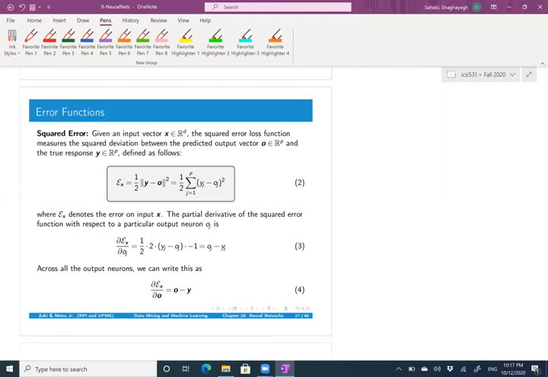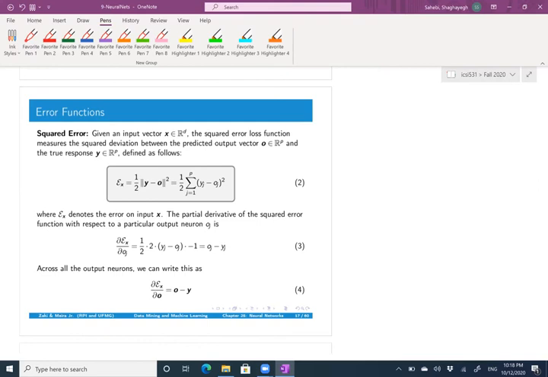So we want to find the W's that when we apply the objective function, then we can optimize that objective function or the loss function with respect to W. So you remember, for example, in linear regression, we defined squared error, squared loss, that was basically the squared difference between the predicted values and the actual values, and that was our objective function.